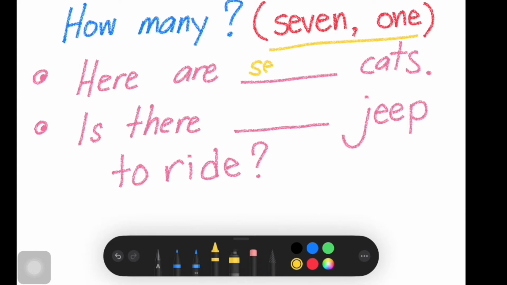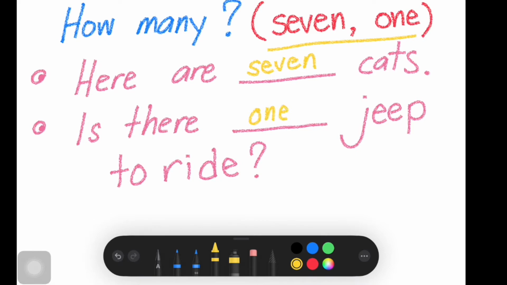Here are 7 cats. So 7 is an adjective. In the second sentence, there is blank jeep to ride? So our answer there is 1. Is there one jeep to ride? So in this sentence, 1 is an adjective. So 7 is an adjective, 1 is an adjective because it answers the question, how many?